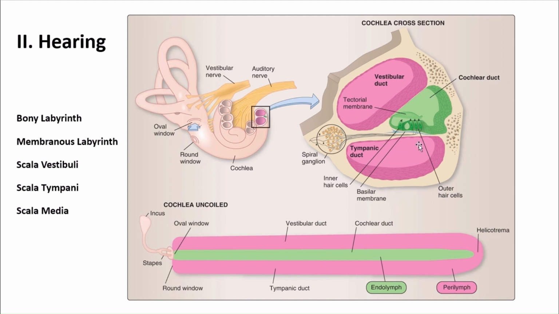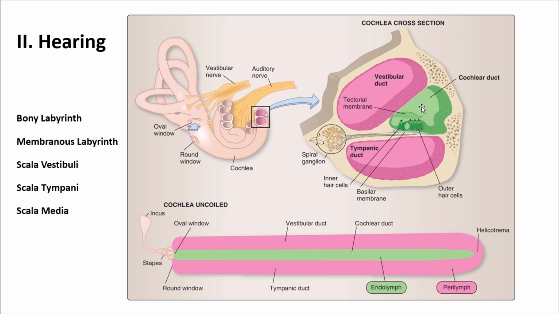Another structure is called the membranous labyrinth. So this is the membranous labyrinth. If you look at it, the bony labyrinth is made of the vestibular duct and the tympanic duct, and the membranous labyrinth is made of the cochlear duct.